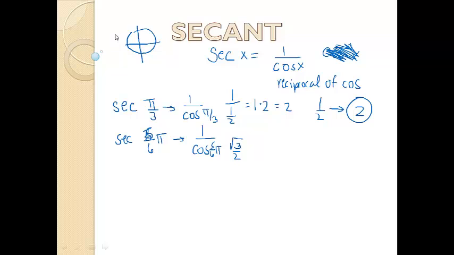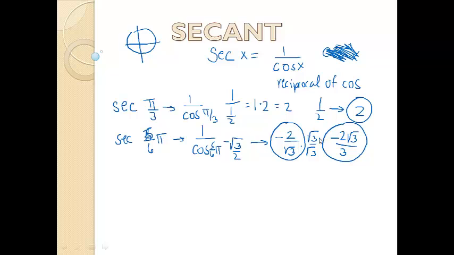And 5/6 pi would be about right here, and the cosine, since that's an x value, is going to be negative. So the reciprocal of negative square root of 3 over 2 would be negative 2 over the square root of 3. You may leave that as an answer. Some people like to rationalize the denominator, and if I did that, we could multiply by the square root of 3 over the square root of 3, and that ends up giving me negative 2 square root of 3 over 3. So either one of those would be an alright answer.